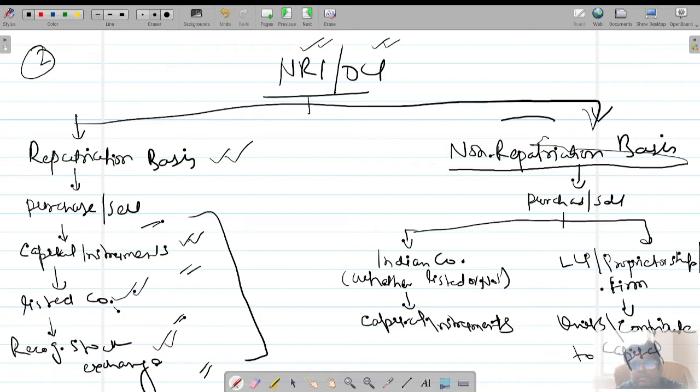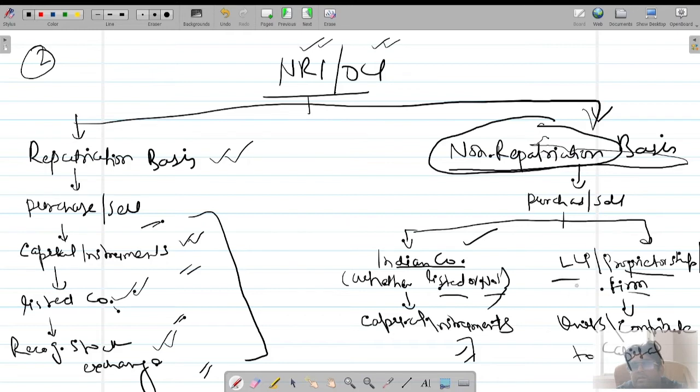On a non-repatriation basis, there is certain relaxation. They can invest in an Indian company whether it is listed or not, and they can invest in capital instruments only. That is, they can invest in any Indian company, whether listed or not. Or they can purchase, sell or invest in an LLP or proprietorship firm, either through units of the LLP or proprietorship firm, or by contributing to its capital.